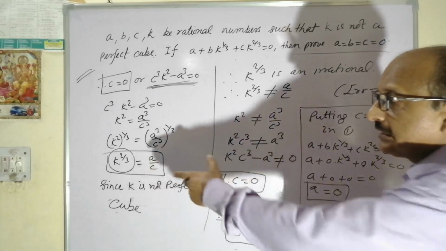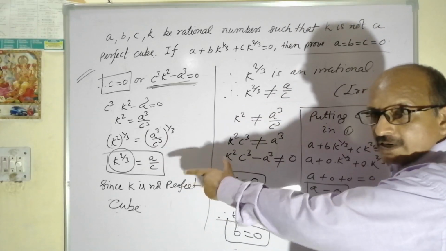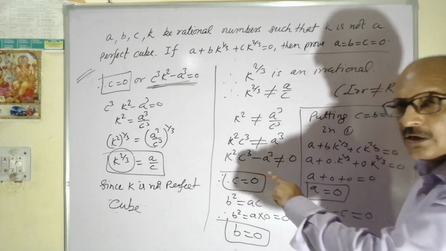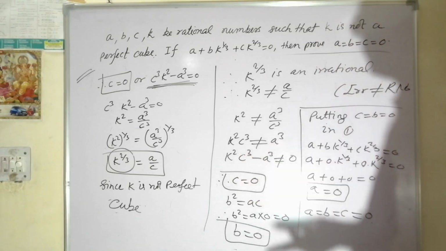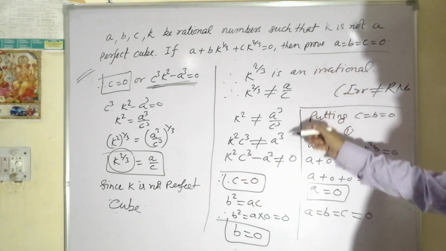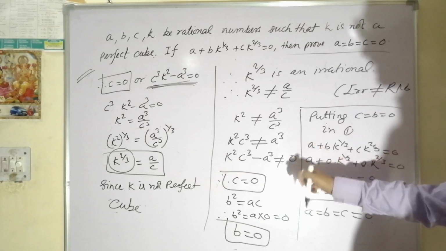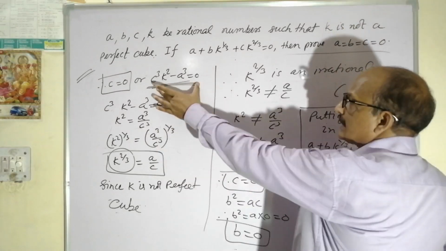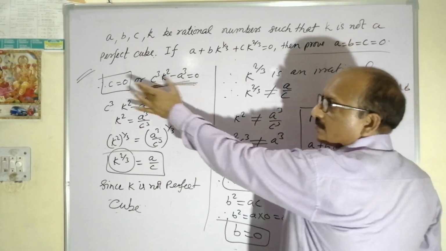It means it is contradicting. Rational can't be equal to irrational. So this is rejected, and this can't be equal to 0.